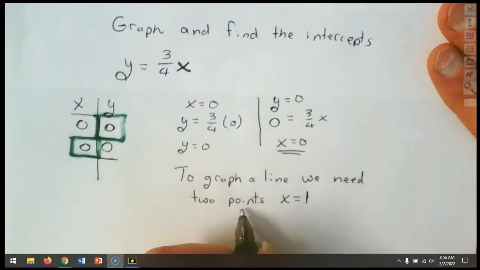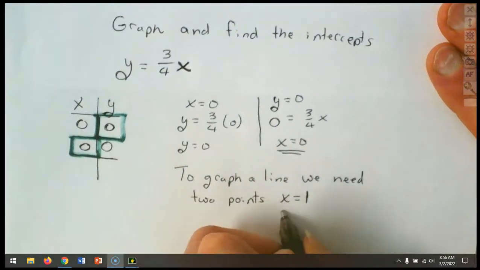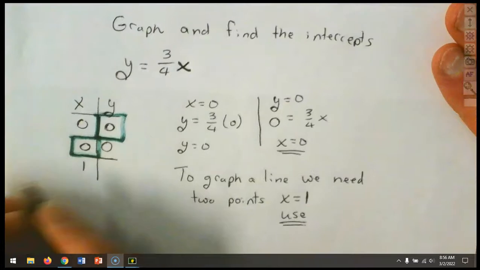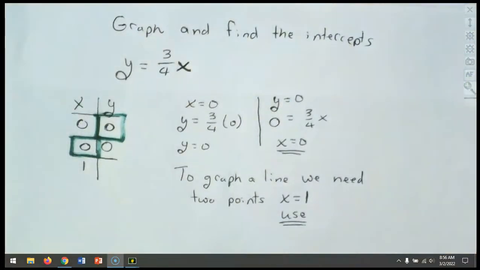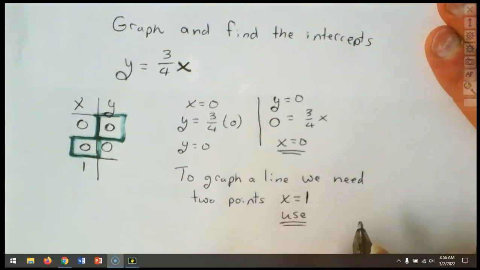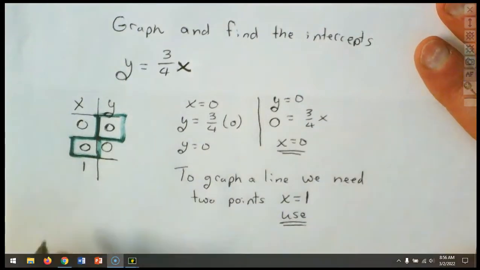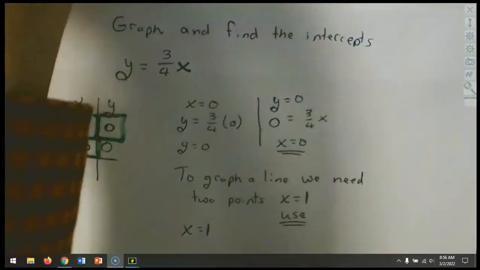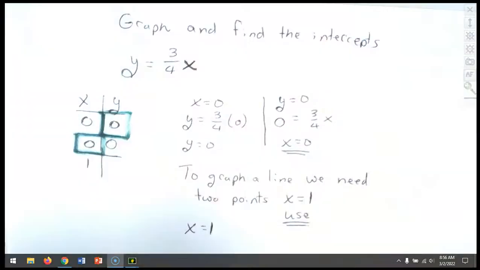To graph a line, we need 2 points. So I'm going to use x equals 1, and that gives us 2 different points. So how does it work when we plug in x equals 1? Well, when I plug in x equals 1, we're going to get a fraction.